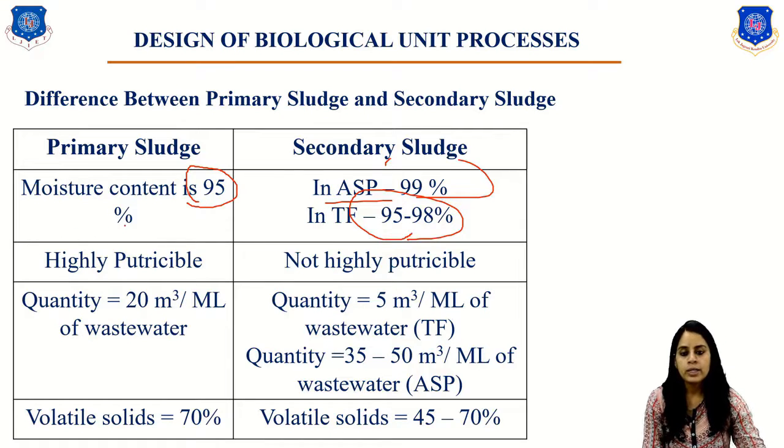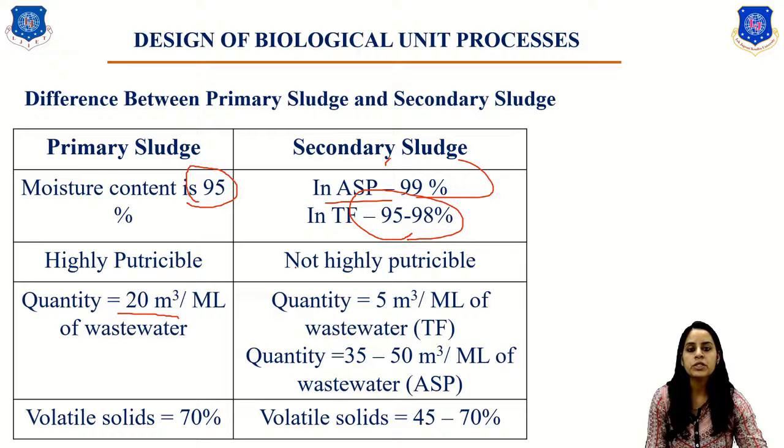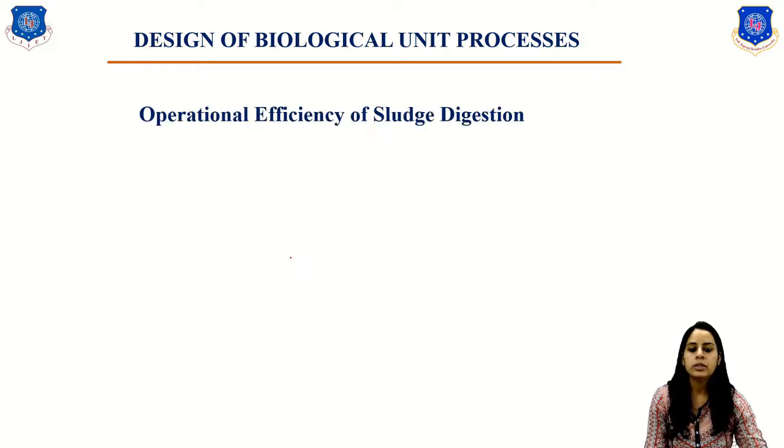Primary sludge is highly putrescible, and secondary sludge is not highly putrescible. Then the quantity is 20 meter cube per million liter of wastewater, and 5 meter cube per million liter of wastewater with the trickling filter, and with ASP it is 35 to 50 meter cube per million liter. The next one is the volatile solid, which is 70% in primary sludge, and in the secondary sludge it ranges from 45 to 70%, right?